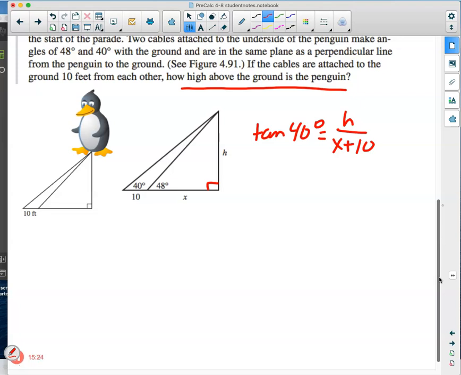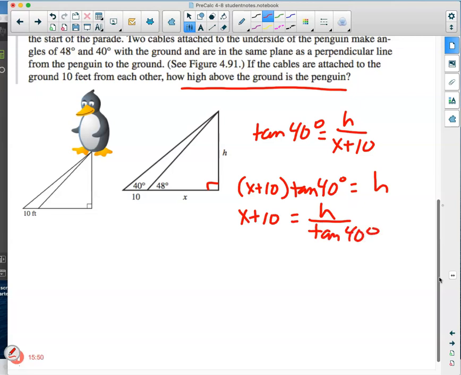So it would be kind of nice if this said x equals something, and then when I do my next math, maybe there's something I can put in for x and get rid of it. Because I want all h's when I'm done with this. So I'd multiply both sides by x plus 10. And then divide both sides by the tangent of 40. And then subtract that 10 from both sides.